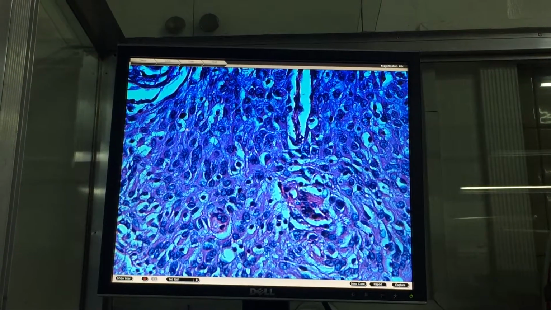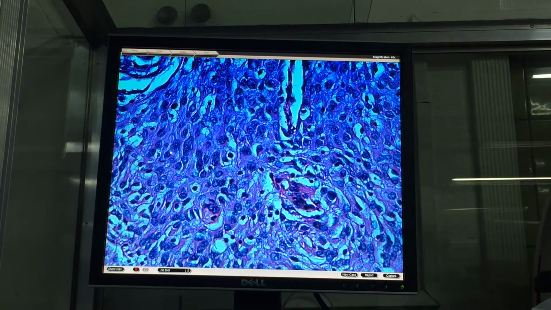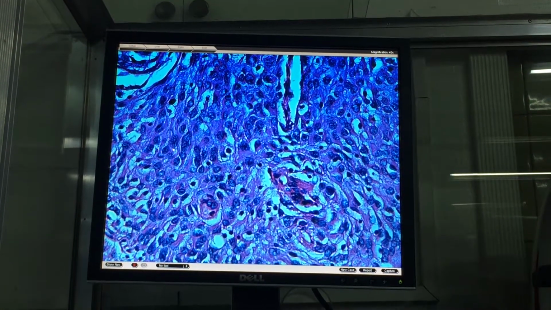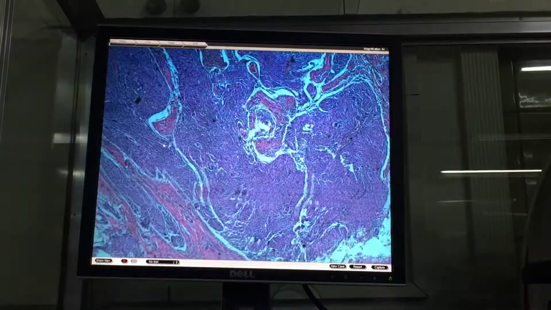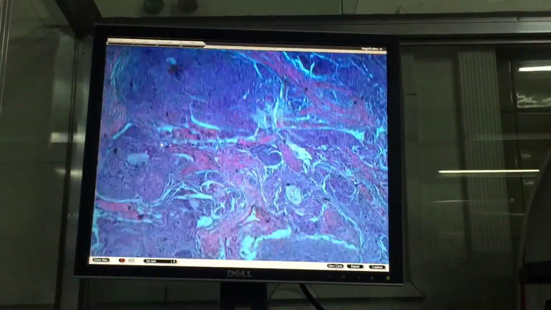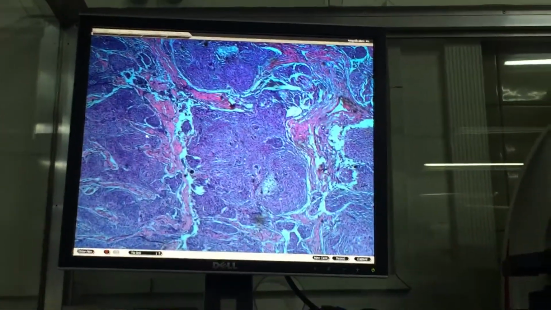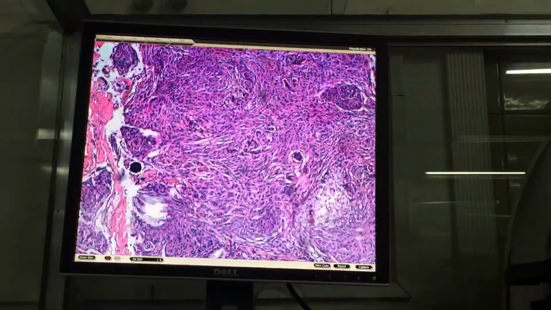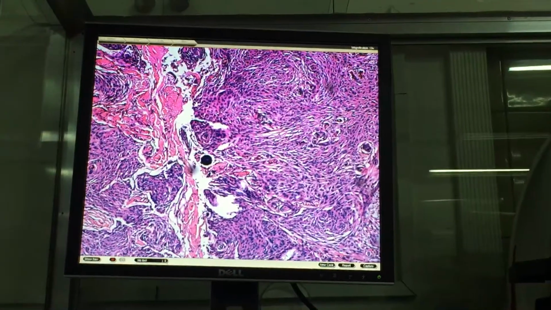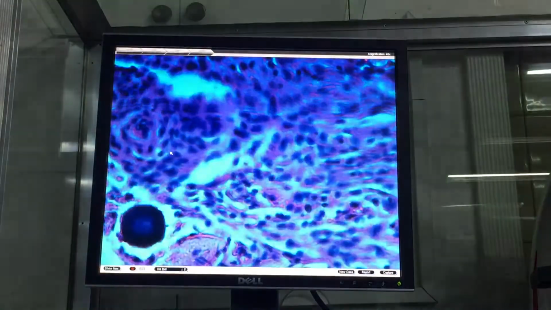So meningothelial meningioma: almost uniform, ovoid nuclei with plump cytoplasm, slightly eosinophilic, but what gives away the diagnosis is your psammoma bodies. Benign or malignant? Benign. Okay. I heard malignant. Wrong.